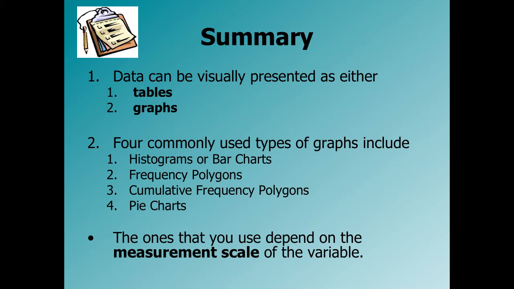In summary, we can display data using tables and graphs. Our most commonly used types of graphs include histograms, bar charts, frequency polygons, cumulative frequency polygons, and pie charts. The way we decide to use any of the above will be based on the level of measurement of the variable that we have in front of us.